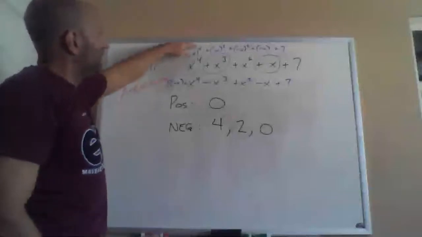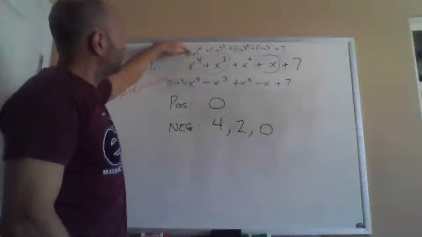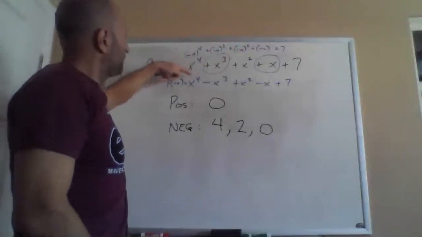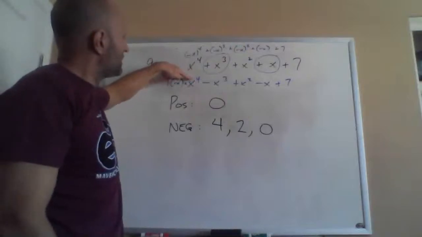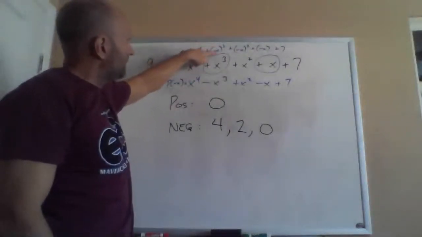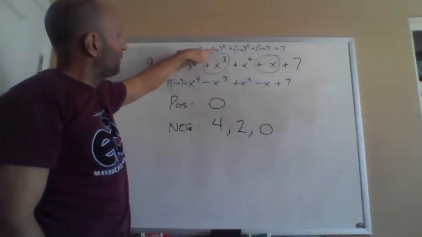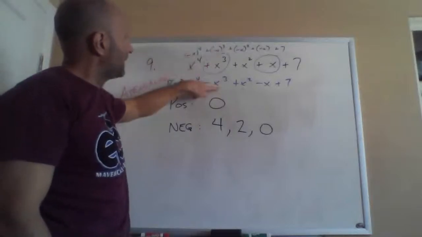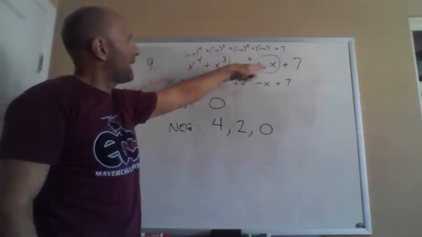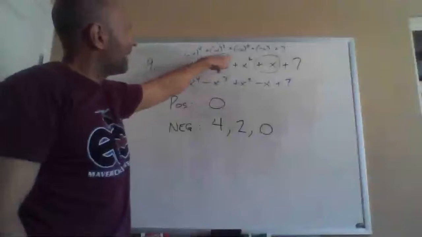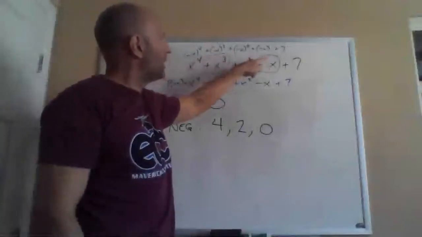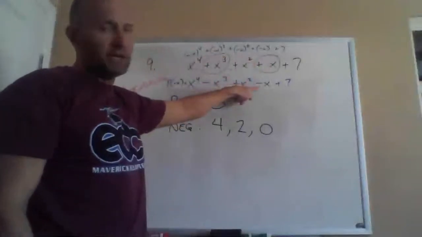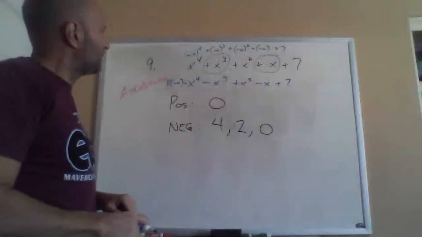But the shortcut, because anything that has an even exponent, so negative 1 to the 4th power is positive 1, so its sign is not going to change. Negative x to the 3rd becomes negative 1 to the 3rd power is negative 1, and then x to the 3rd. And this will keep happening the whole way. So anything that has an odd exponent, 3 and 1, those two signs are going to change. Everything else stays the same.